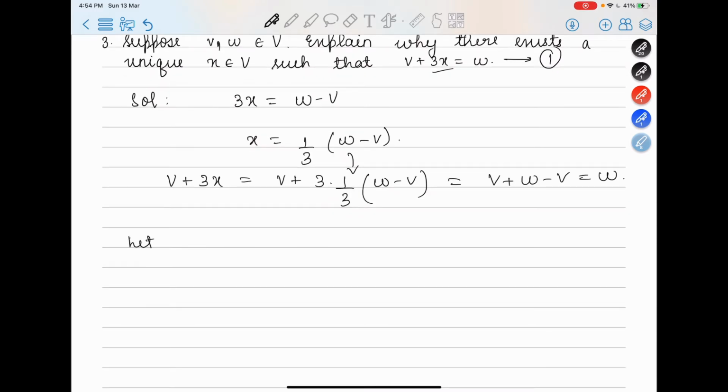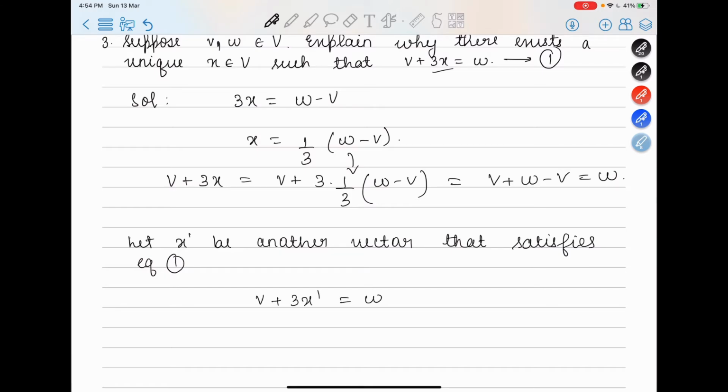So let x dash be another vector that satisfies equation 1. So it will be v plus 3x dash equals w.